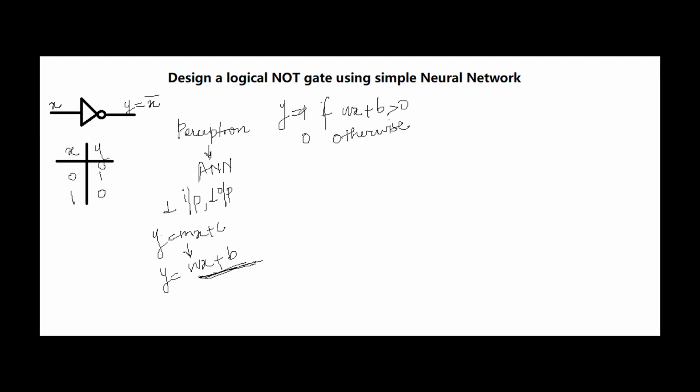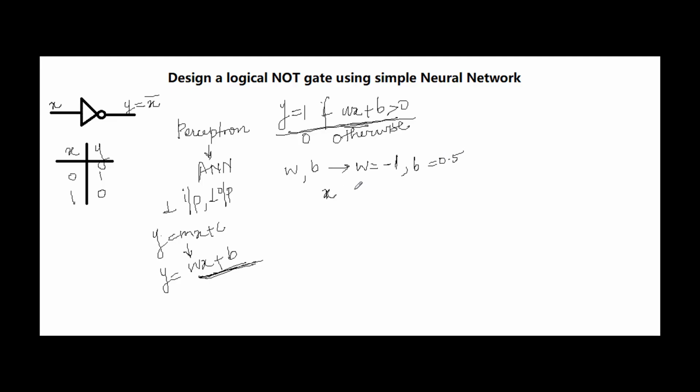Now to design a neural network for this condition, let's do the calculation. Before that, we need to set some values for W and B so that these conditions become true. You can try different values and check the equation. Here I'll directly come to the solution. When I set the weight to be -1 and my bias to be 0.5, this equation is satisfied. Let's see.